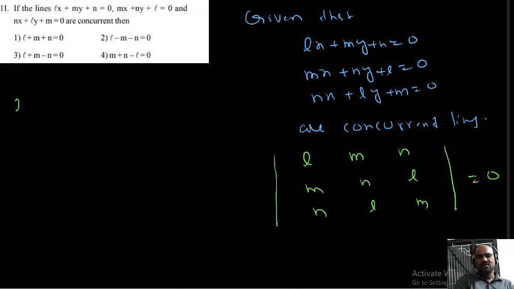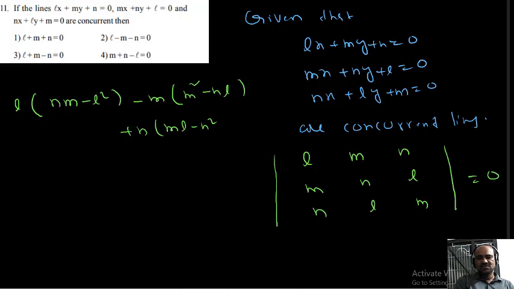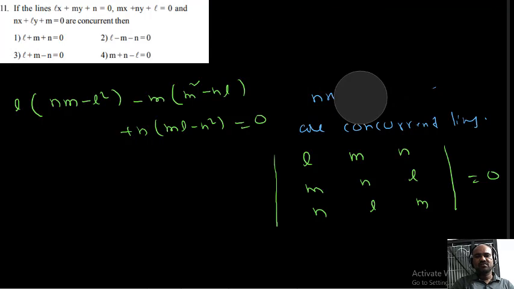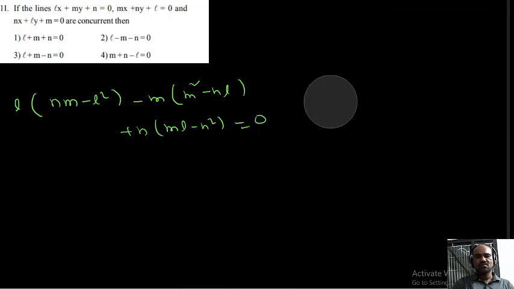Now I want to write here what we will get: L times (NM minus L square) minus M times (M square minus NL), plus N times (ML minus N square) equal to 0. This is the condition. Now I want to simplify that. Students, listen here.